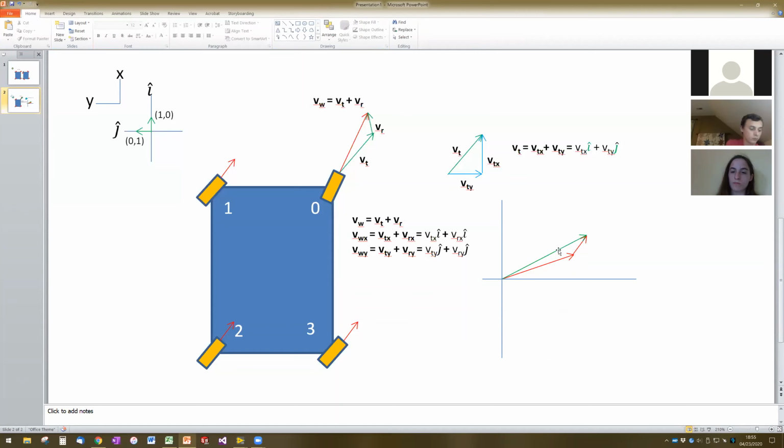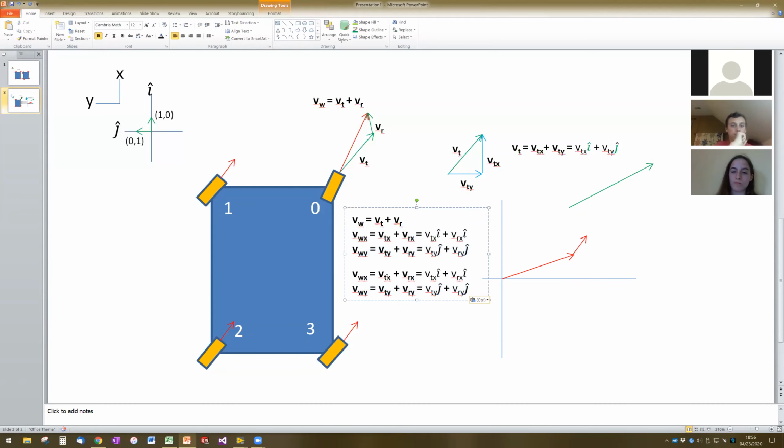If we want to do it math-wise, what we could say is that, let me just get rid of that. The x component, so I'm just going to say that this one is the translation vector and this one's the rotation vector, and this is the wheel velocity vector that we're trying to get.